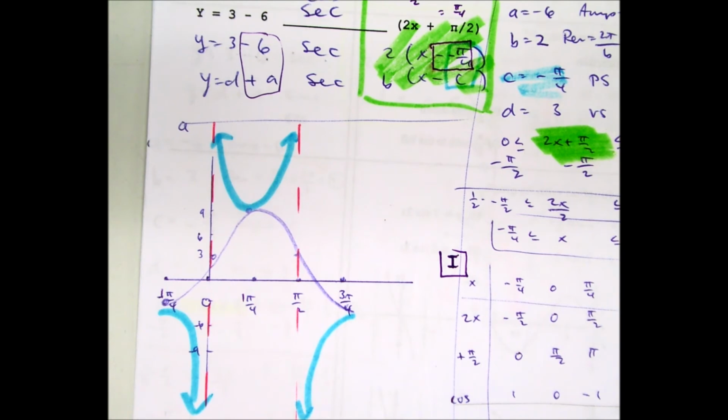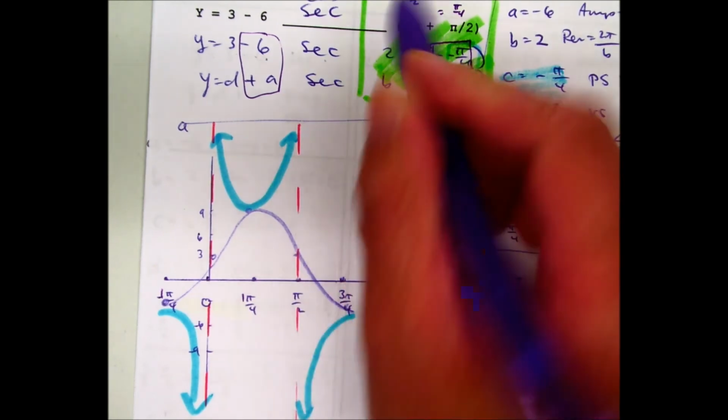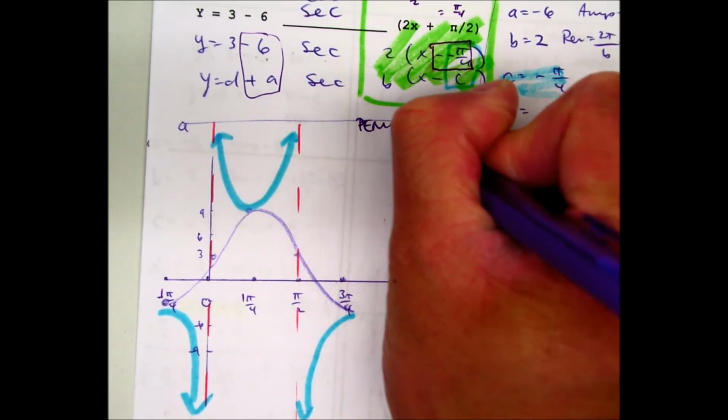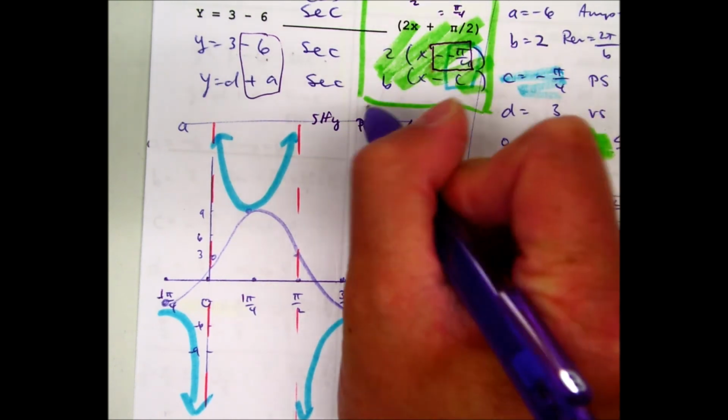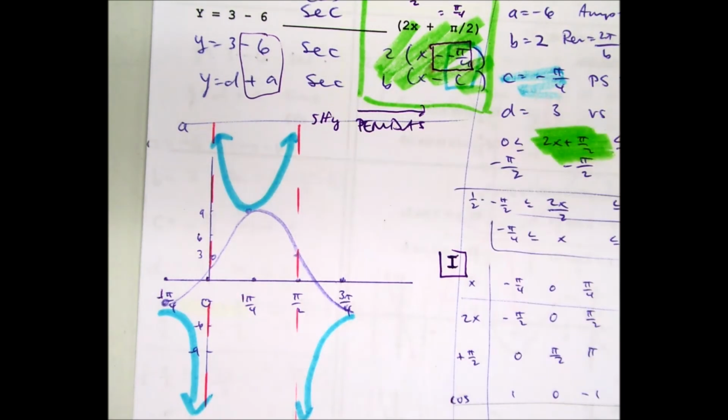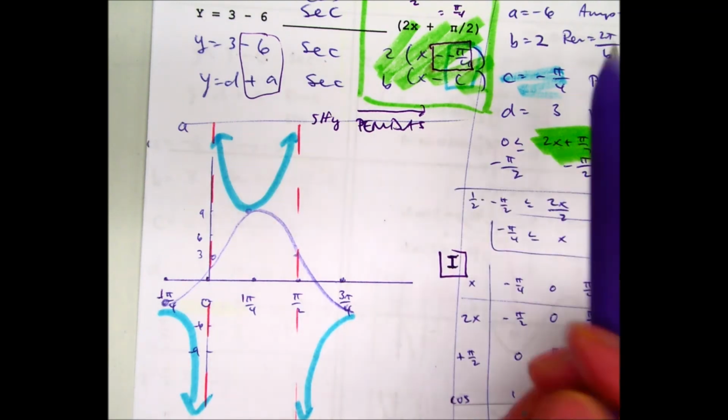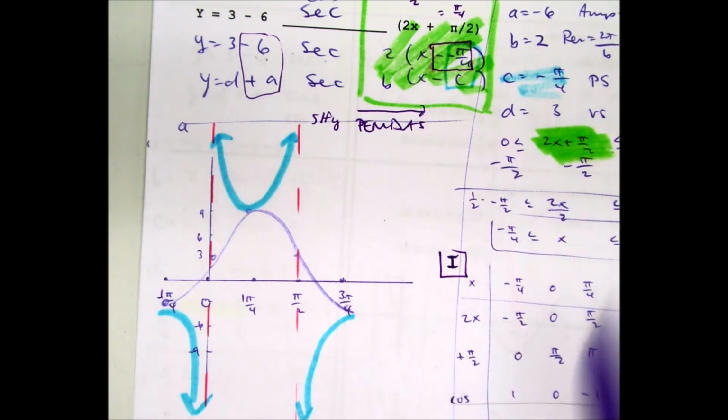So let's do that method first. So I have these x values, and now I'm going to multiply by 2. The reason I multiply by 2 is because of PEMDAS. To simplify, you go from left to right, so we're going to multiply first.